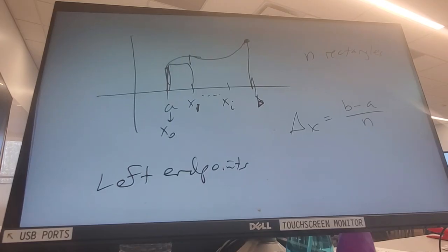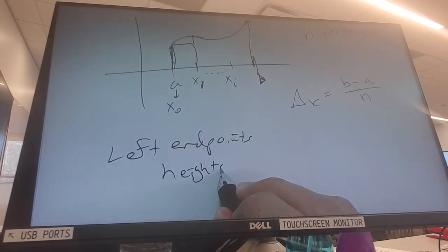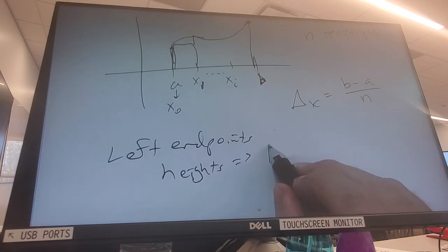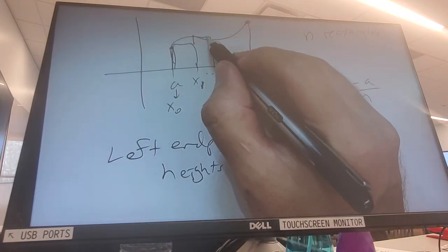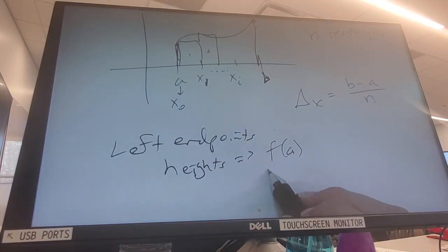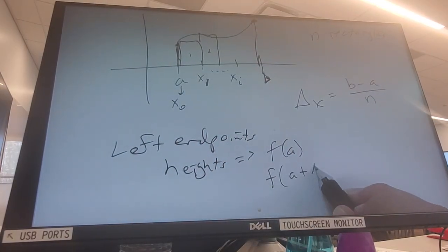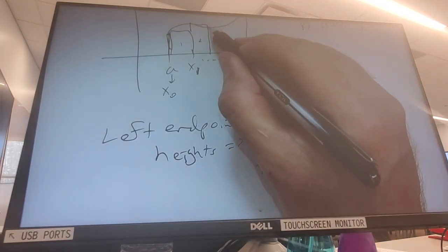Okay. So then my heights for each rectangle would be f of a. What's the height of the second rectangle? What's this guy's height? Yeah, f of a plus delta x. So what's the height of the third rectangle?